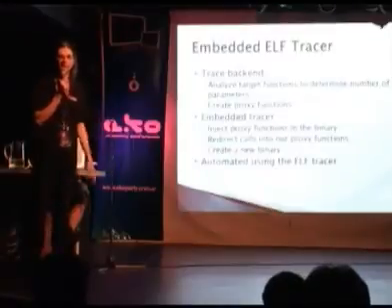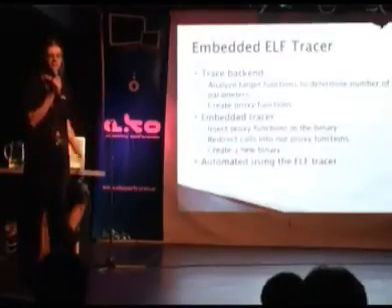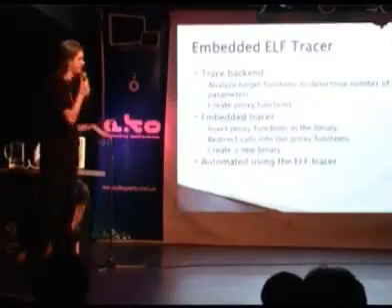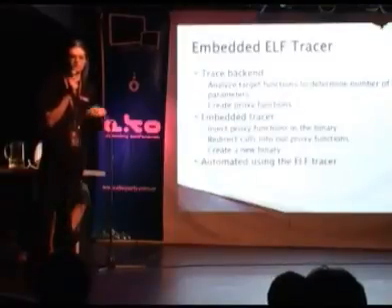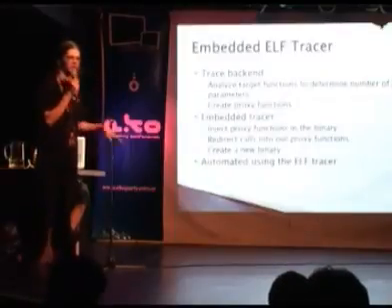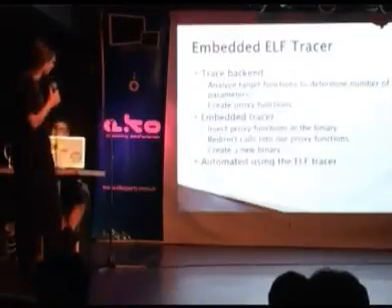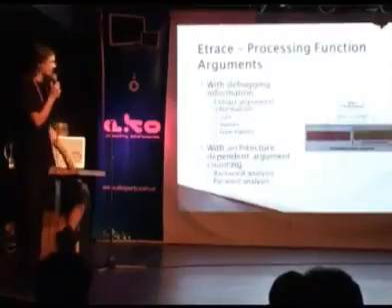As I said, the backend analyzes the code to get the function prototypes from the debugging format or from the binary directly. We create these proxy functions that are compiled using GCC and then injected into the new binary. This is the first step.